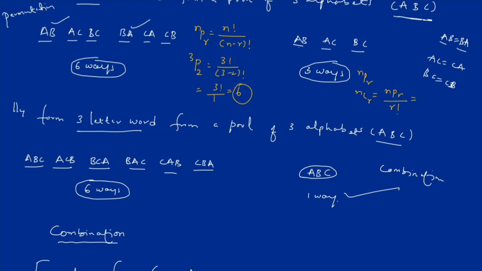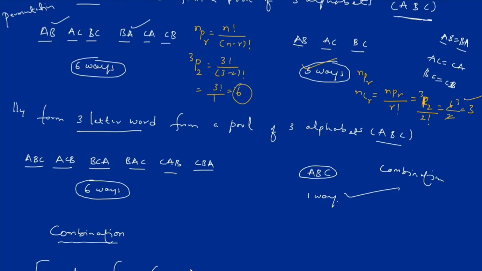So let us consider the value of 3C2, which is 3P2 divided by 2 factorial. The value of 3P2 is 6. 6 upon 2, therefore we are getting 3 ways.